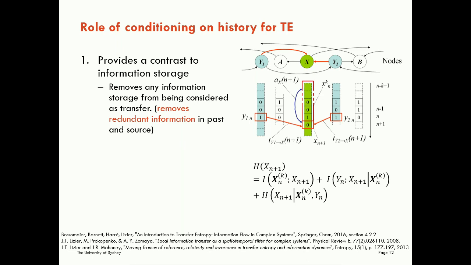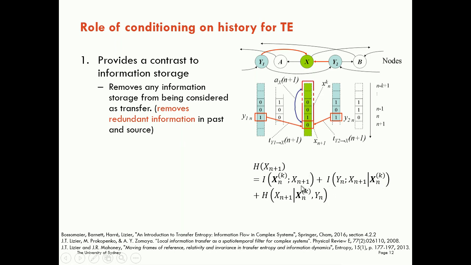We can see this mathematically if we look at this information regression of the uncertainty of the target variable being the sum of information from the target past, that is the active information storage term, plus a conditional mutual information from a source given what we've already seen from the past, plus remaining uncertainty.